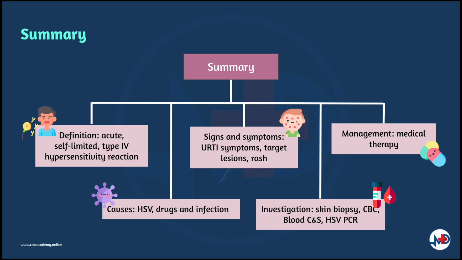URTI-like symptoms in the prodromal state, followed by the acute rash, are the common complaints one would have in erythema multiforme. Target lesions with variable mucous membrane involvement would be pathognomonic. Skin biopsy is the diagnostic procedure, followed by a full blood count, blood C&S, and herpes simplex virus PCR test. Finally, medical therapy is the mainstay treatment.